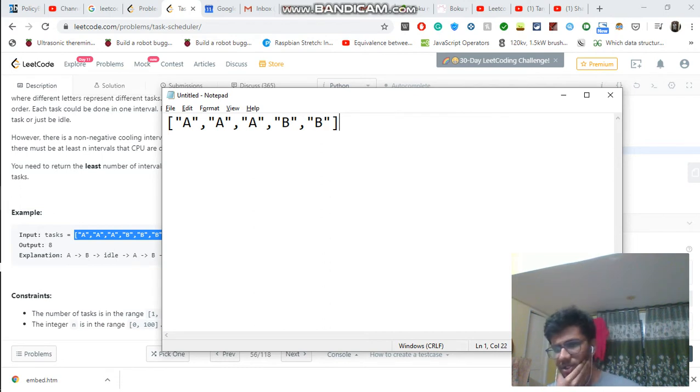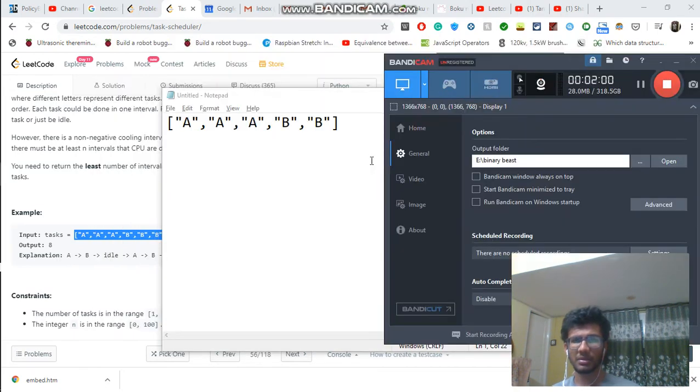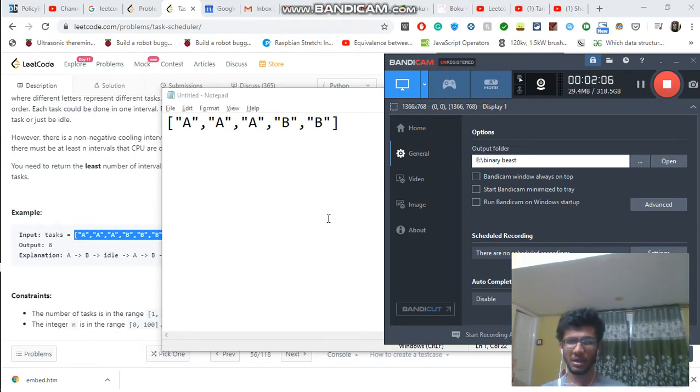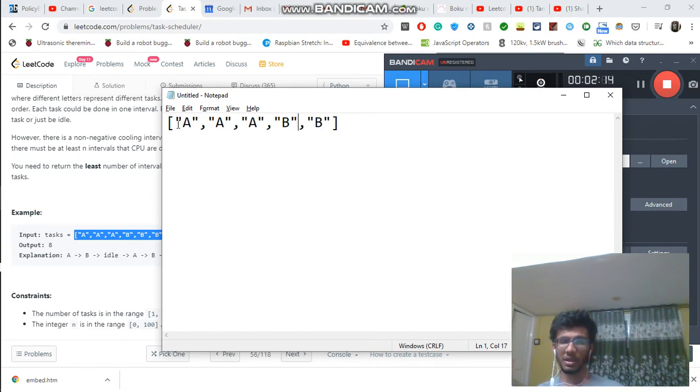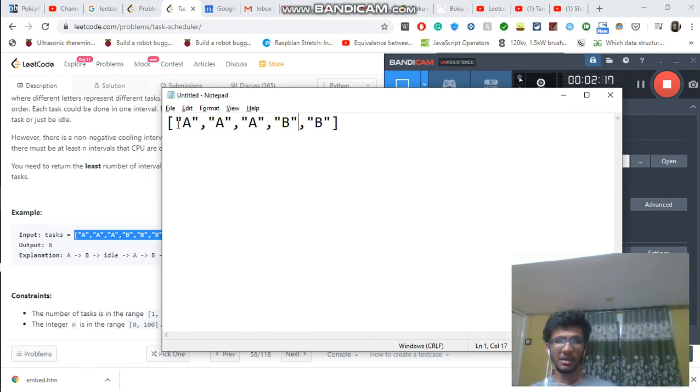So in this schedule we have to figure out what can be an alternative solution to this question. To figure it out, focus on whichever element is occurring the highest number of times.